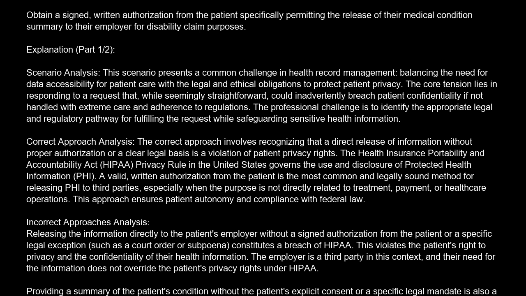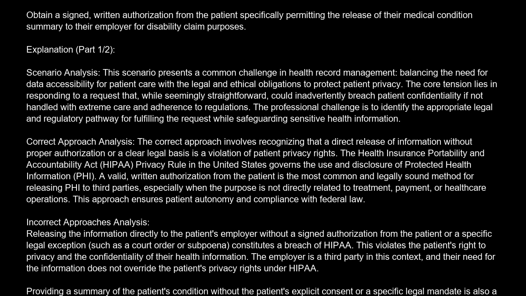The professional challenge is to identify the appropriate legal and regulatory pathway for fulfilling the request while safeguarding sensitive health information. Correct approach analysis. The correct approach involves recognizing that a direct release of information without proper authorization or a clear legal basis is a violation of patient privacy rights.